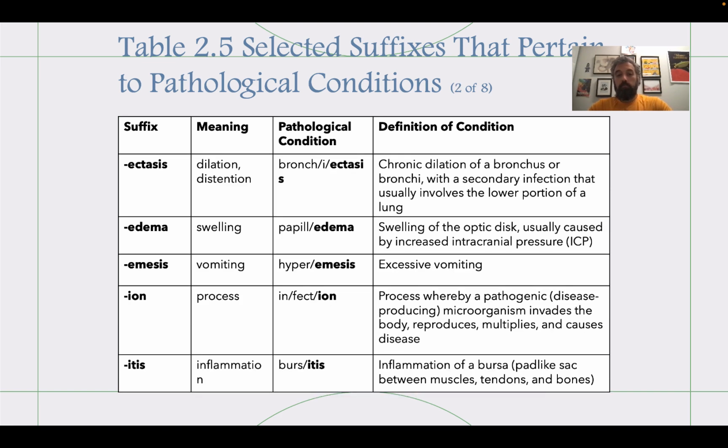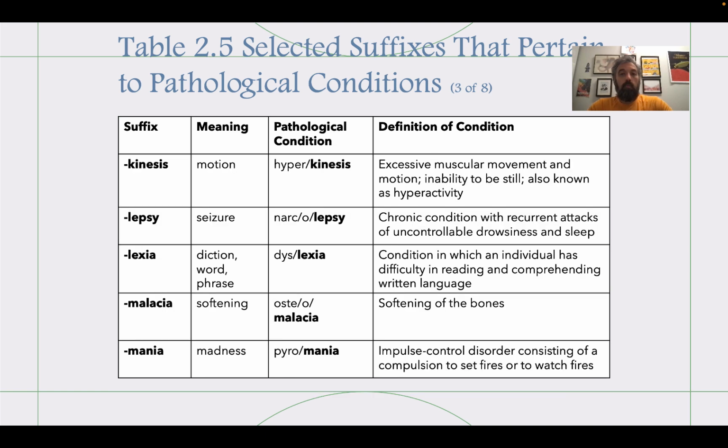Here's more. One of the ones that you should also really know is -itis. So -itis is inflammation of. That comes up actually relatively often. Here's more.